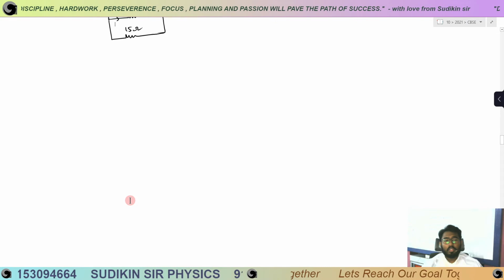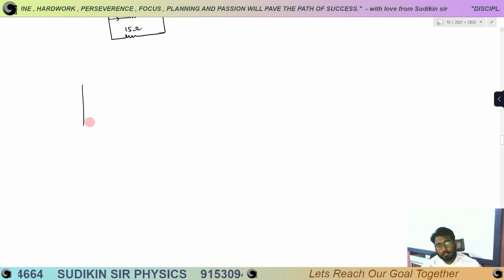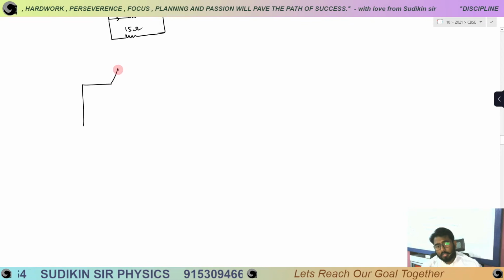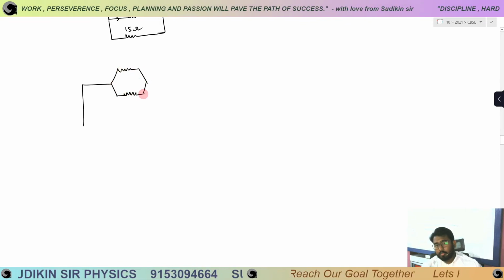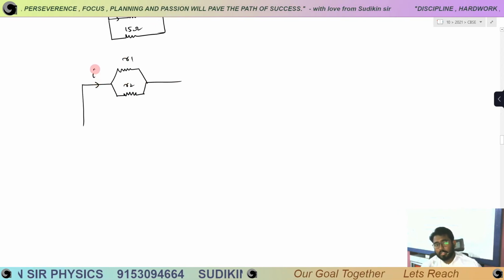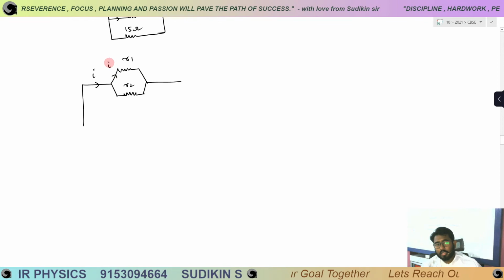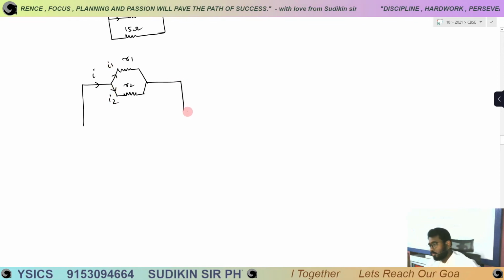Okay. Now if I have a connection like this, understand this one properly. So there is a resistance R1 here. Write this down in your copy now, okay? If there is a resistance R1 here, this is R2. I current is coming. Let I1 current go through R1, I2 current go through R2. Okay?